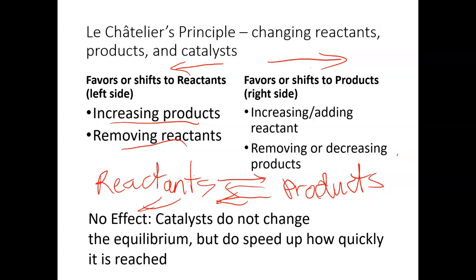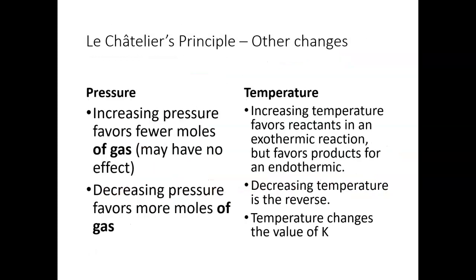Let's look at how some more things affect our Le Chatelier's principle, or what happens in a system. We have pressure. If we increase pressure or decrease pressure, this is only going to affect gases. So if your reaction has no gases in it, pressure is not going to make a big difference. But if we increase pressure, we're going to favor the side with fewer moles of gas.